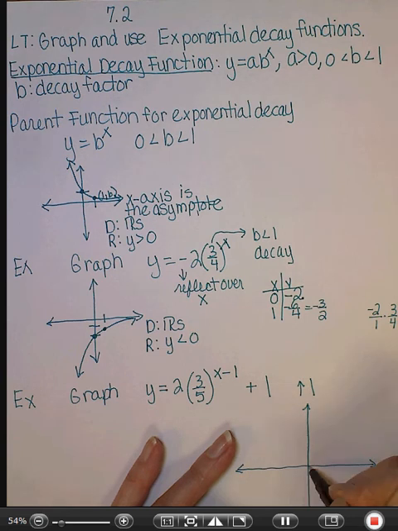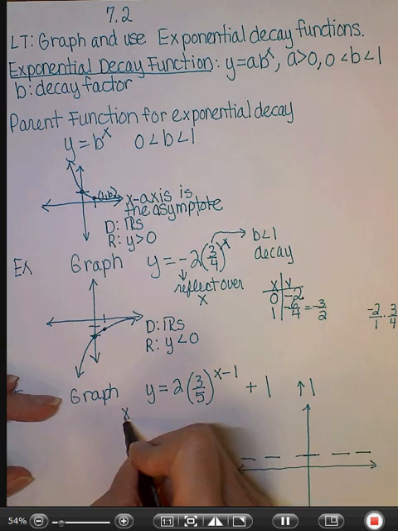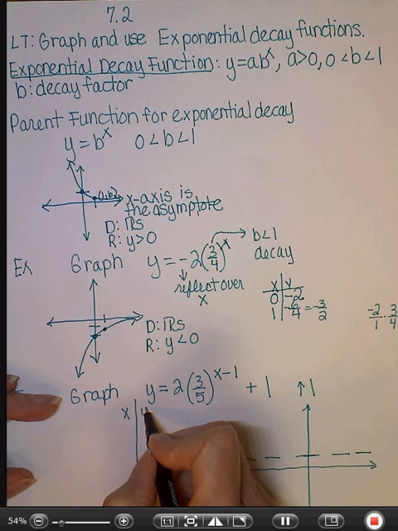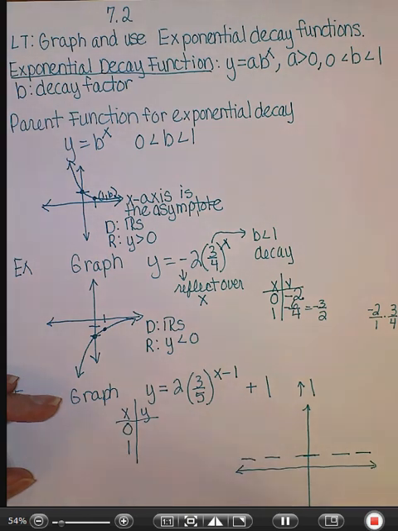Instead of being the x-axis, it's going to be up 1. So let's make a dotted line here so we'll know not to cross this asymptote. Alright, so let's make our xy table. We're going to plug in 0 and 1. We're going to get some decimal answers, but that's okay.